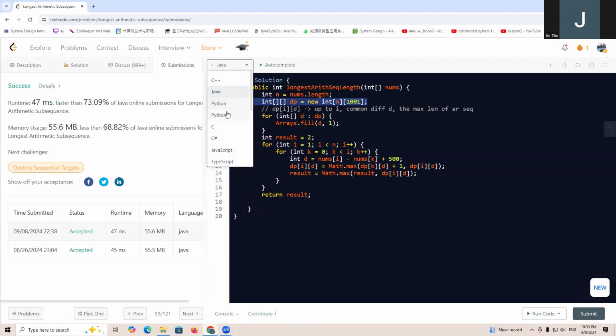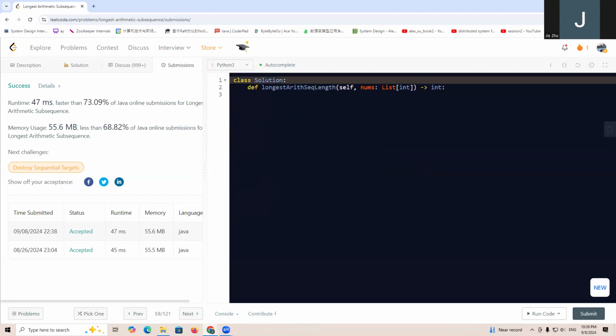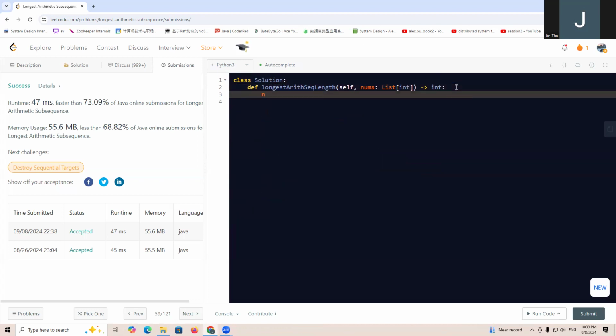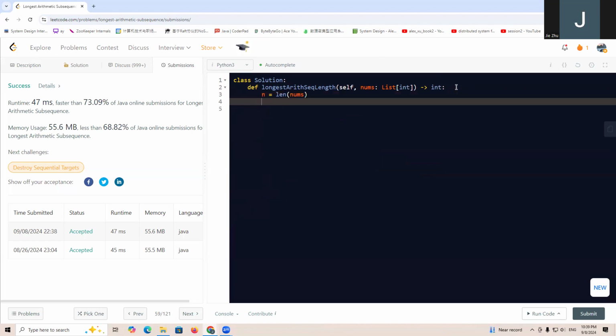Let's write Python code for this as well. We'll say n equals length of nums, and we're going to have dp.